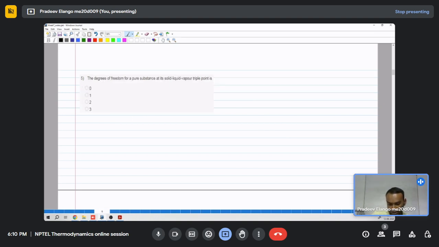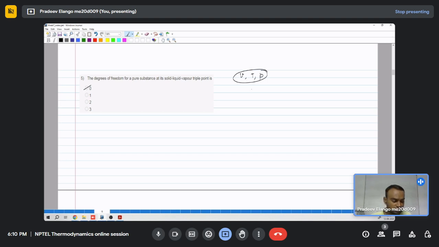The degrees of freedom for a pure substance at its solid, liquid, vapor triple point is 0. So at the triple point you specify the specific volume, temperature and pressure, so all parameters are specified, and you cannot have any other degree of freedom.